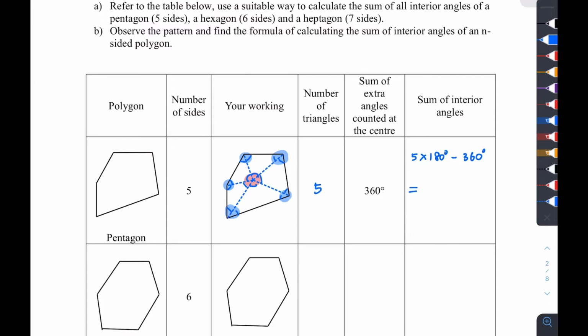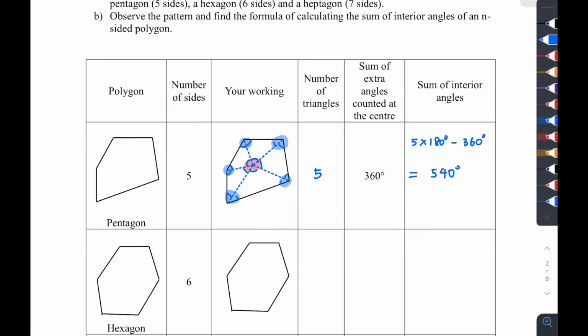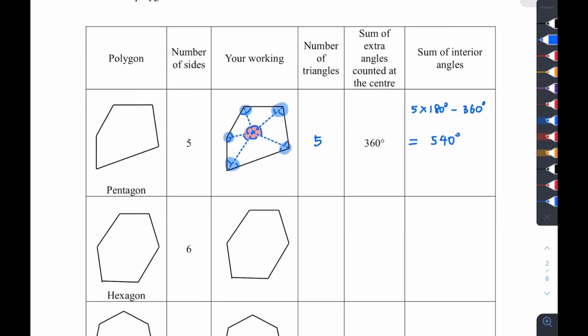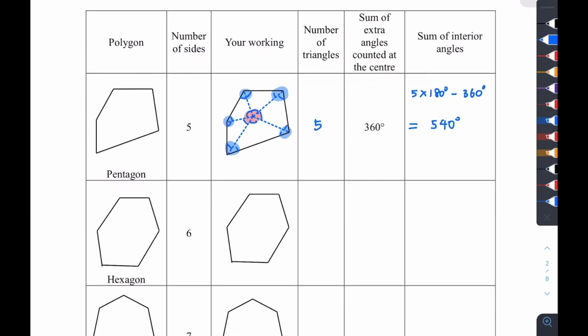So we are going to have 540 degrees. All the angles in the pentagon, 1, 2, 3, 4, 5, are going to add up to 540 degrees.